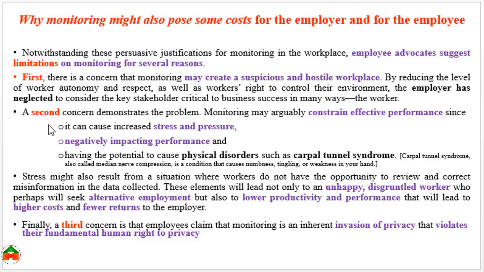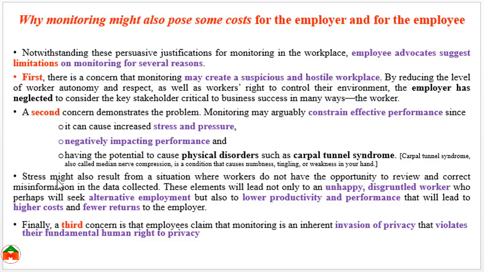And the second problem arising from monitoring the employees is that monitoring may arguably constrain effective performance, since it can cause increased stress and pressure, negatively impacting performance and having the potential to cause physical disorders such as carpal tunnel syndrome.